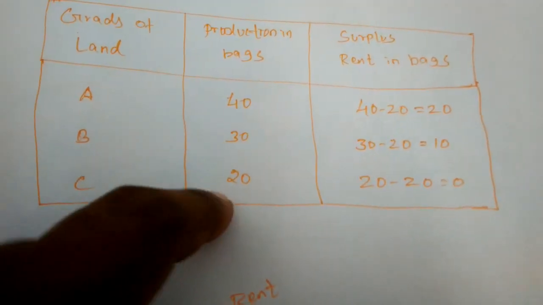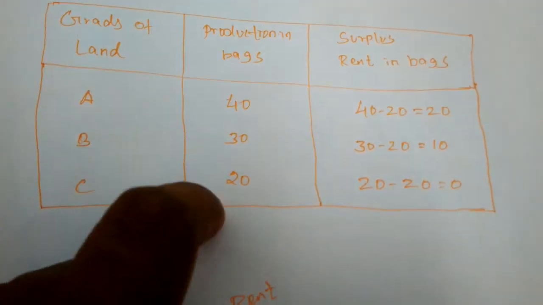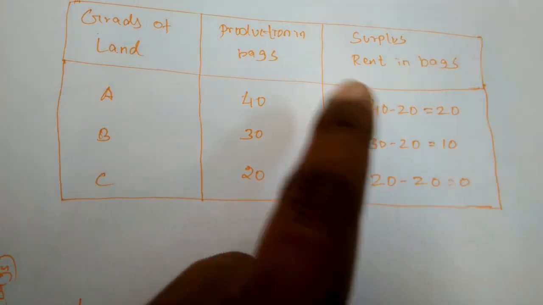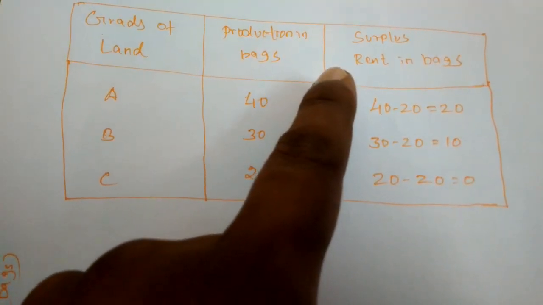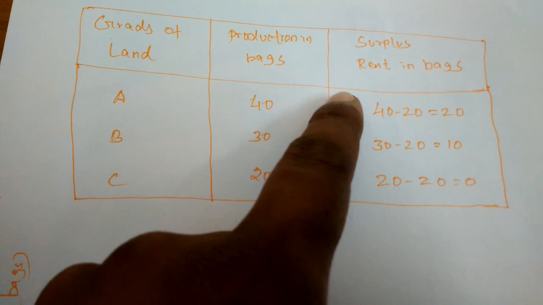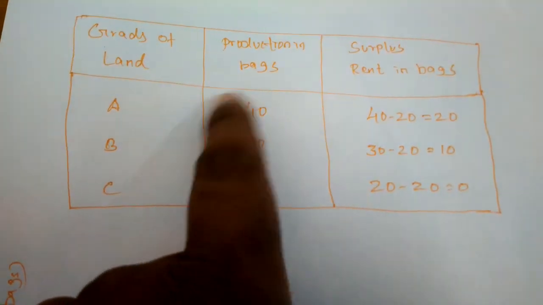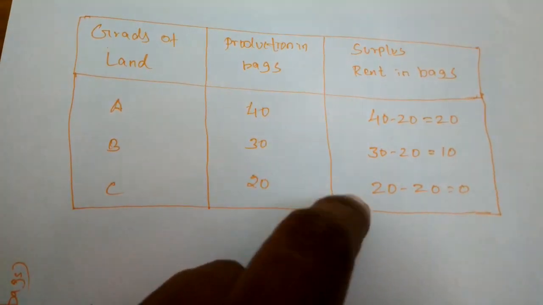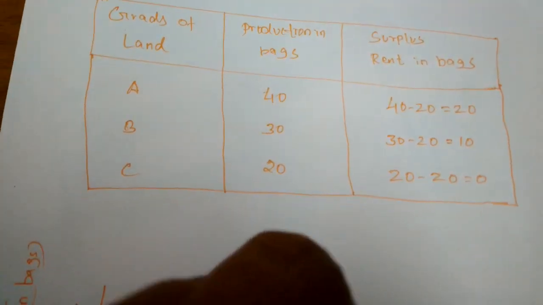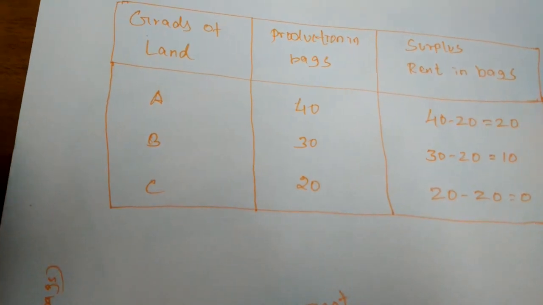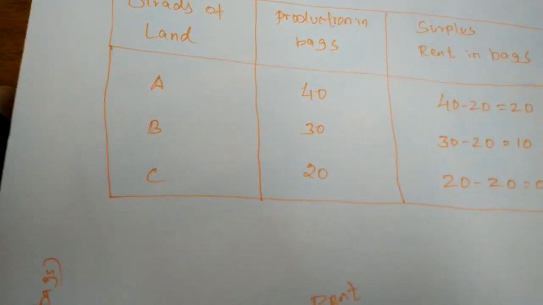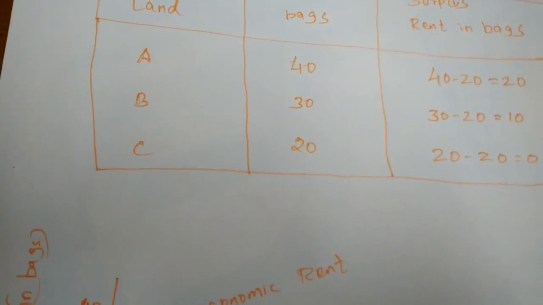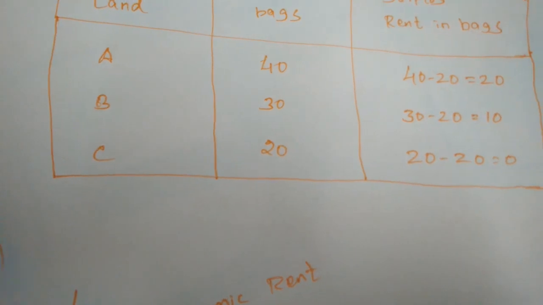When we compare the A grade land with the C grade land, the surplus amount and the rent are considered in bags. So A grade land will have 20 bags as rent, while the C grade land has no rent. Therefore, no rent land or marginal land is the land in which the cost of production is just equal to the price of its produce.